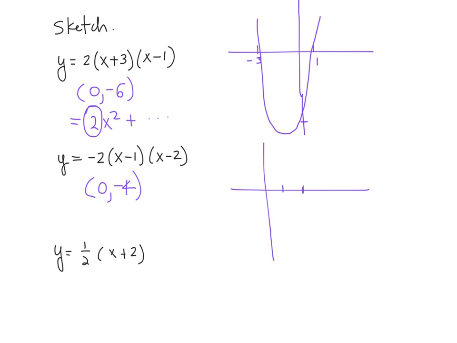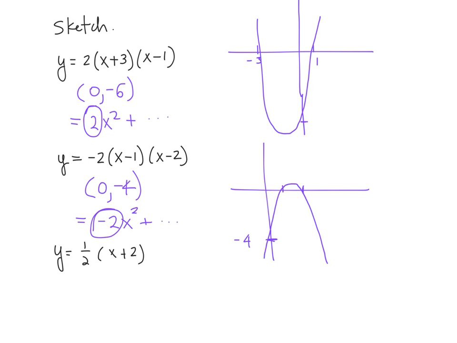So at 0, it's at negative 4. And since this has a negative 2x squared after you FOIL, this is concave down because the a value is less than 0. So the graph of this function will look like this.